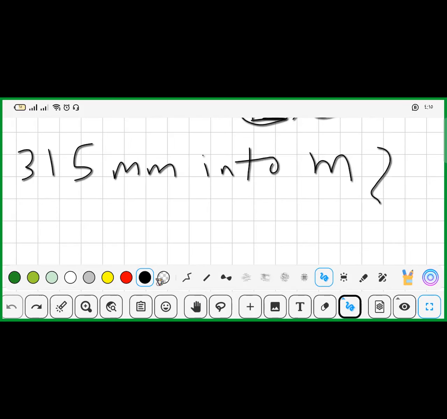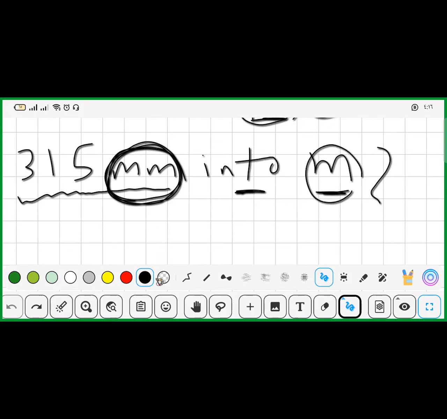Sorry, my dogs were barking. Can you repeat? Transform 315 millimeter into meter unit. Is it from smallest to greatest? Smallest, so 10 to the power negative 3. Okay, well done. Meter.